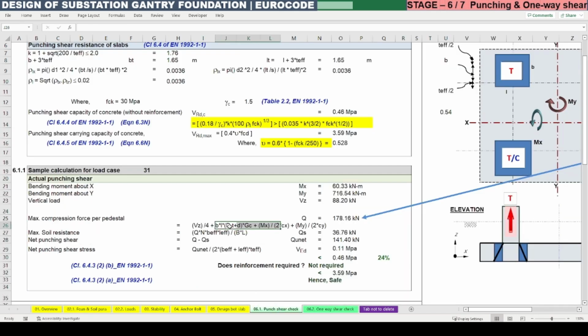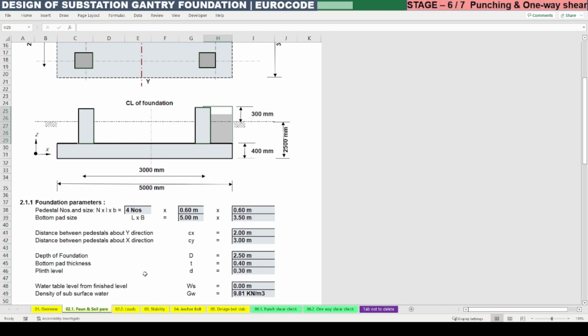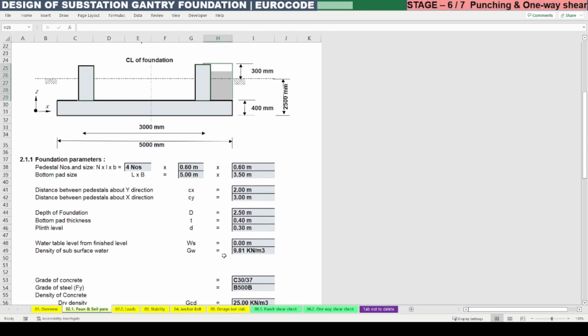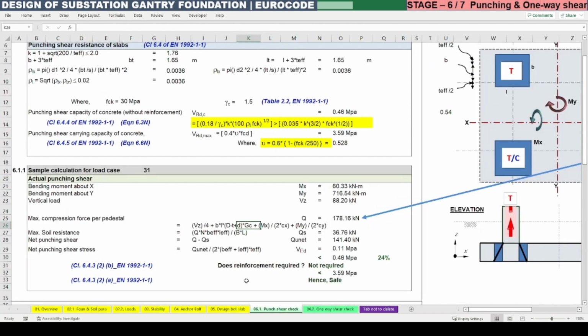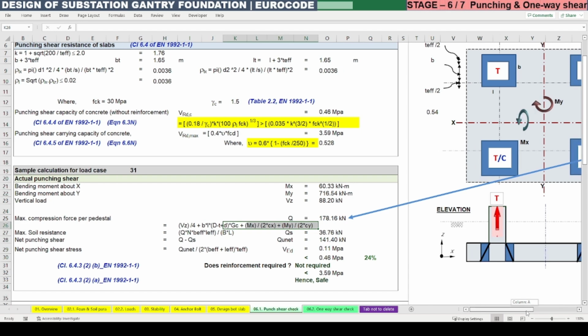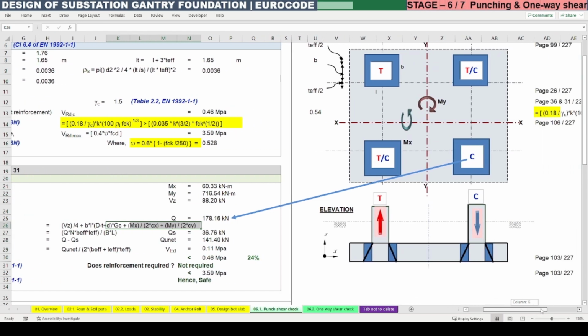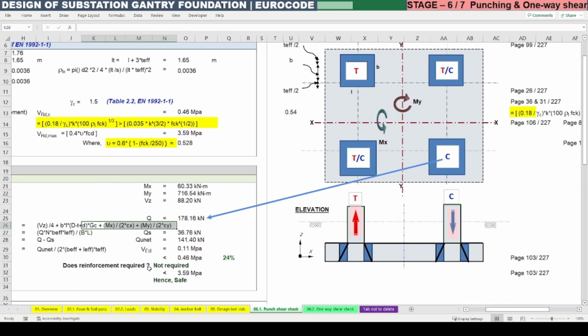So that's the height considered here, (D minus T plus d) into gamma c, the concrete specific gravity or density, which we have considered here. Dry density we can consider. And here the moment we need to divide with the lever arm in order to find the tension or compression.